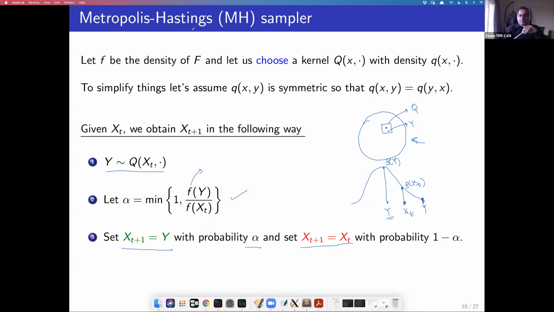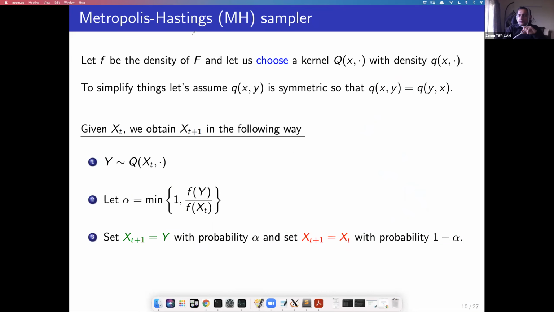So there's a small confusion which has also been mentioned in the chat. What is the difference between small f and capital F? So capital F is our target distribution, and small f is the density induced by it.